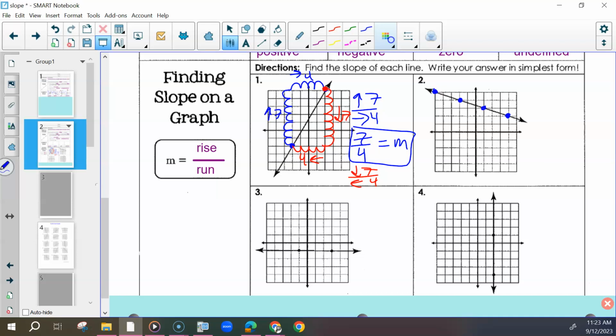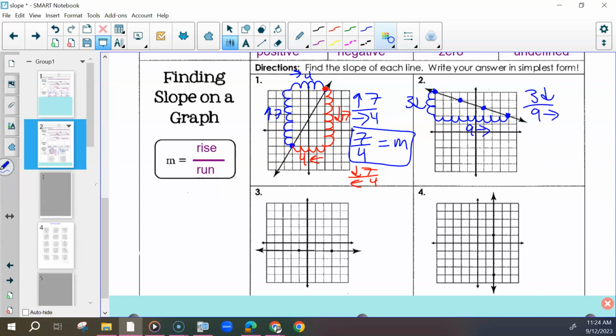And I count how far down, how far to the right. How many units down are we going? 3. And then how many units to the right? 9. Okay, so 3 units down, 9 units to the right.